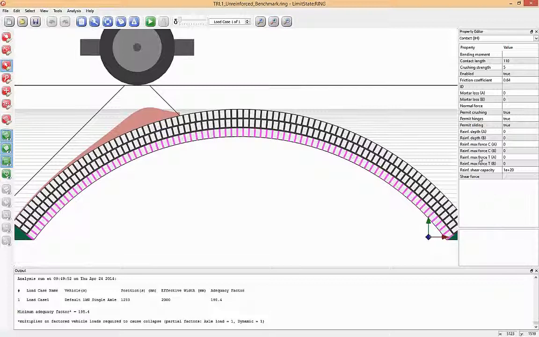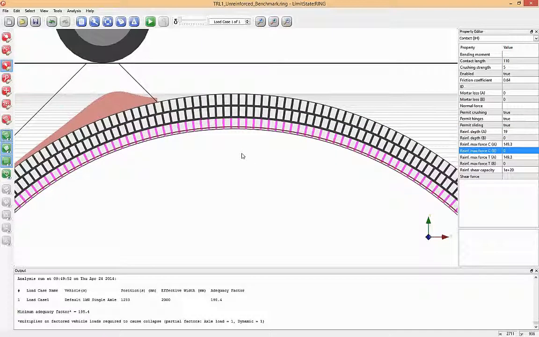I can then enter details of the amount of reinforcement force that I have. I think I've got 149.3 kilonewtons in both the compressive and tensile senses potentially, and I've got reinforcement depth. I think it was 19 millimeters.